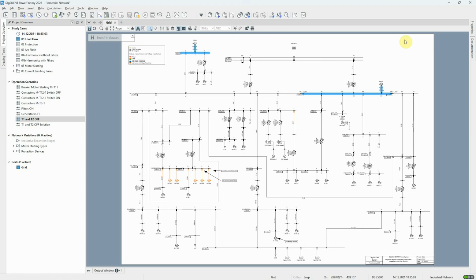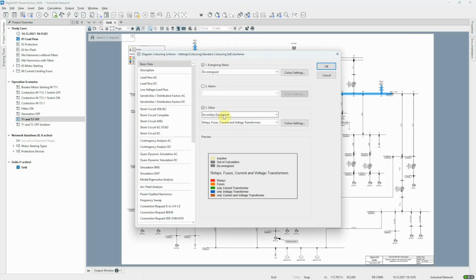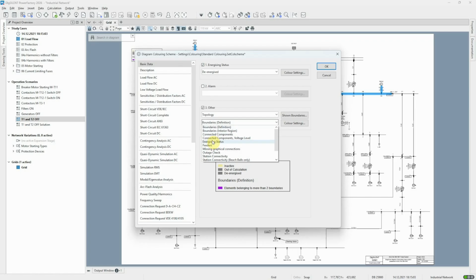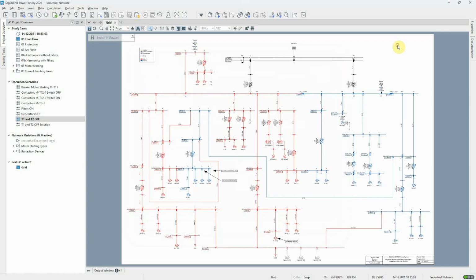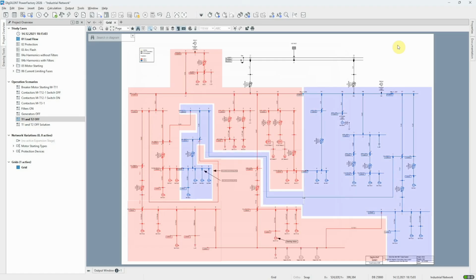Let's color the network according to these two feeders. The red part of the network is fed from generator 1, and the blue part from generator 2.